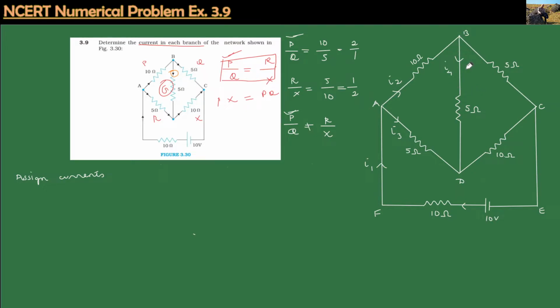Then from here you have to apply Kirchhoff's current law. So first of all, we will assign this current I1, we will assign current I2, we will assign a current I3, and we will assign current I4 across those respective branches.